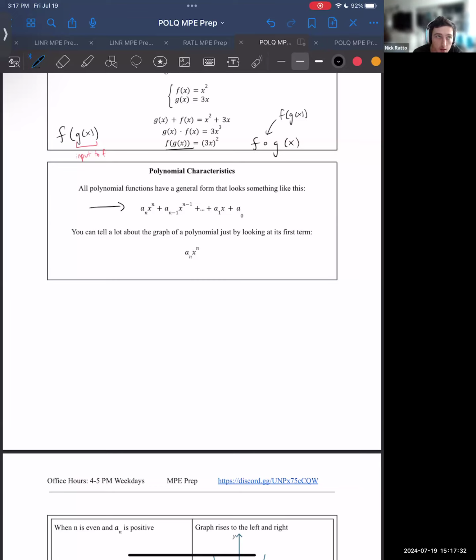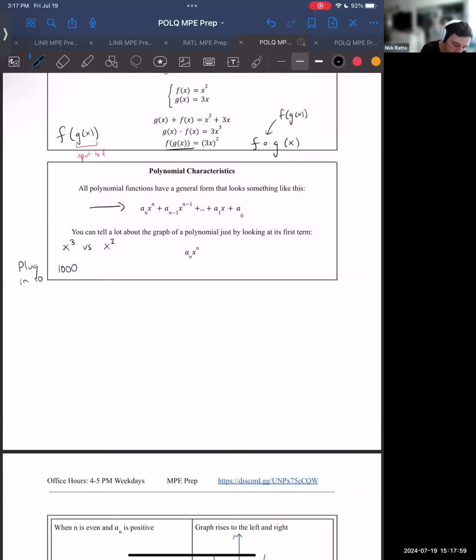Because, and this is maybe getting a little calculus-y, that's going to be the term that grows the fastest as you plug in larger and larger values of x. For example, x cubed versus x squared, right? Plug in 10 to those.